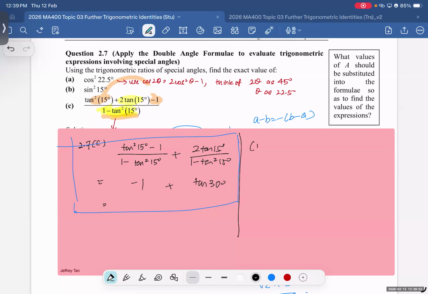Okay, cosine square 22.5. To do this, you think about cosine 45 degrees.